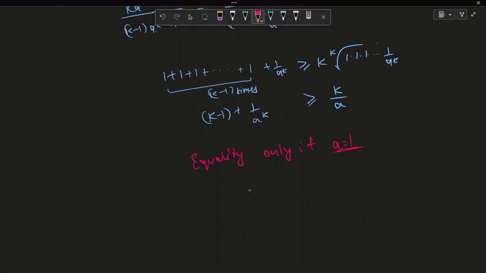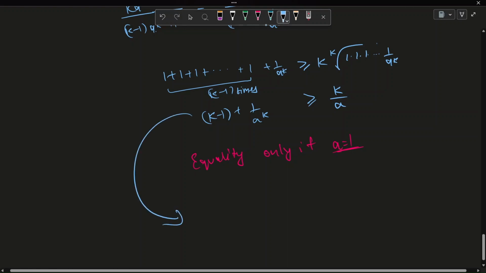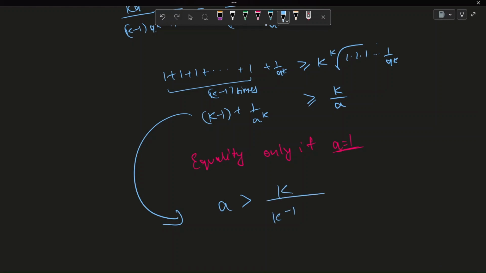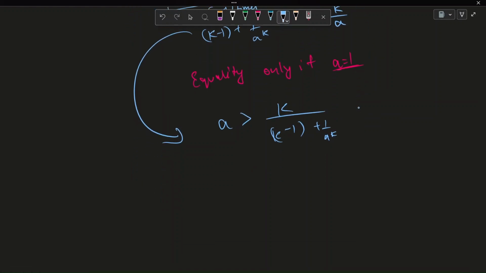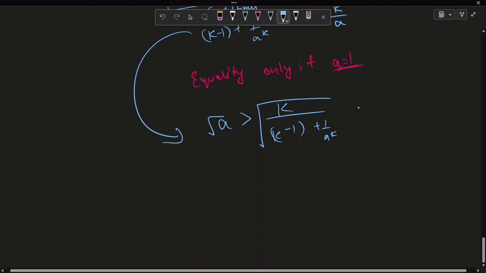So what this basically means is that from this step, we can further conclude that a is greater than or equal to k upon k minus 1 plus 1 by a power k. So this is what we get, and we take a square root both sides because the problem has this very term, and we bring about the subscript i.